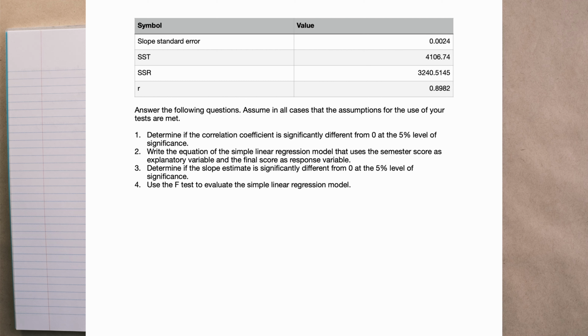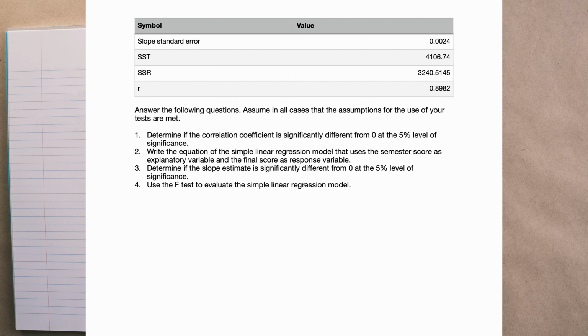We do not see the sum of squared errors there due to the residual, because it's easy to calculate from the SST and SSR, and we see a Pearson's correlation coefficient of 0.8982, 89.82%. That's very good, and visually we saw that as a strong positive correlation.